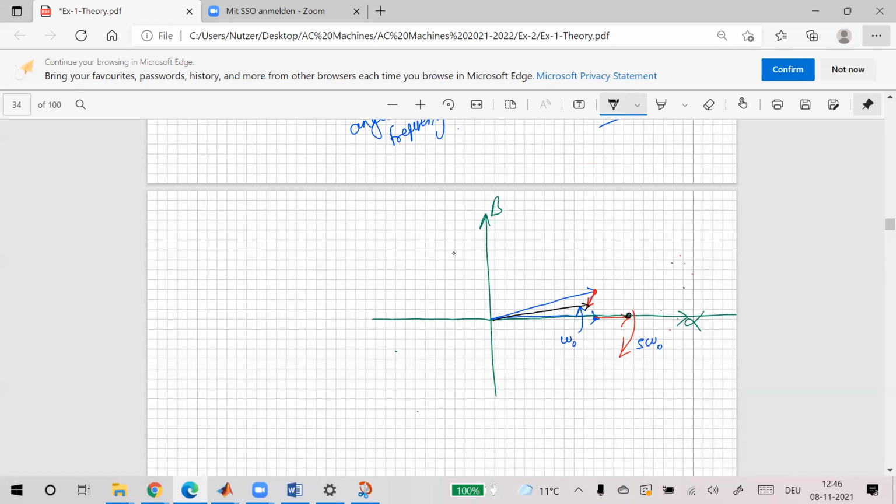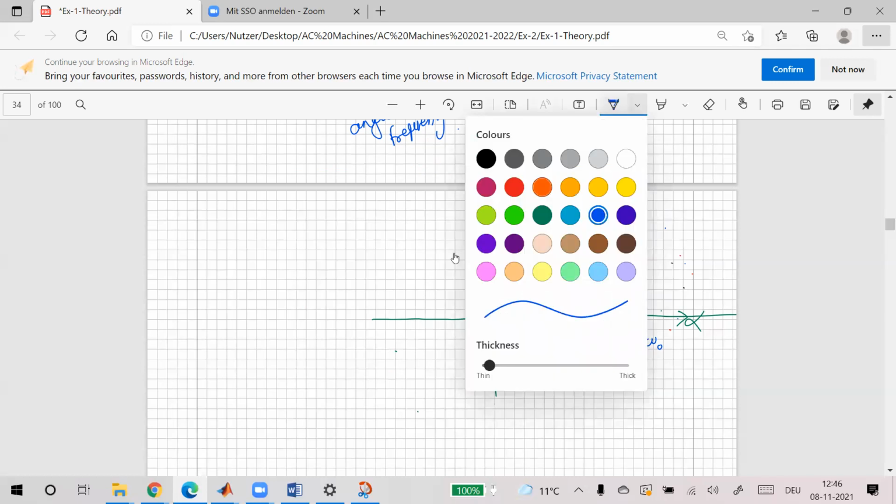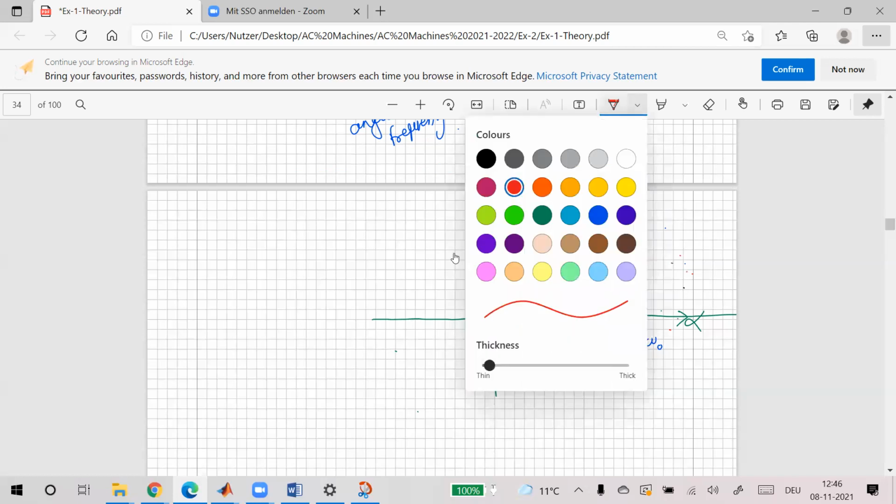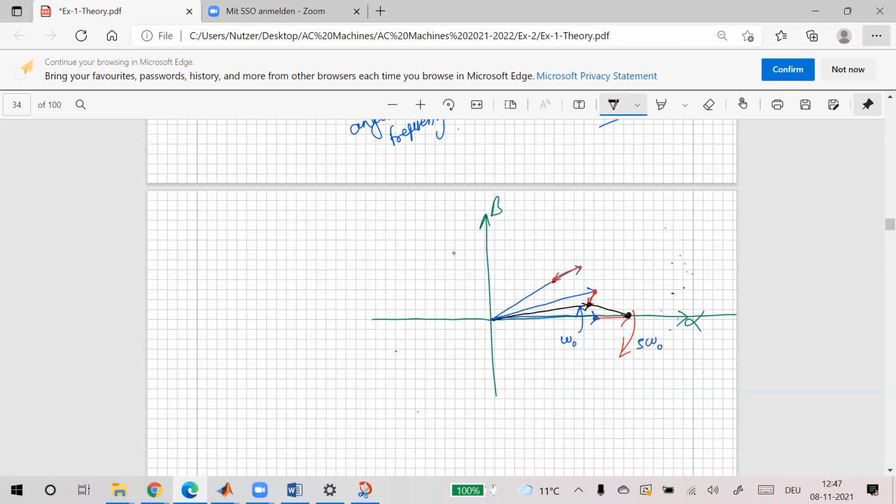Initially it was here, then it came here, and after again some time you see that they are out of phase. It means the red one has completely gone negative, and then you see the resultant is this.